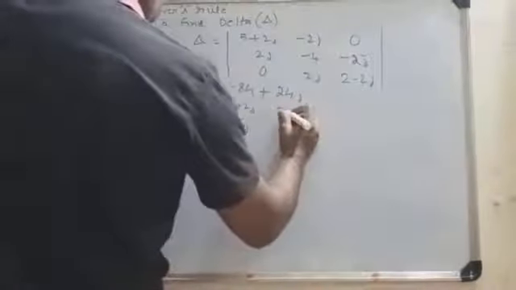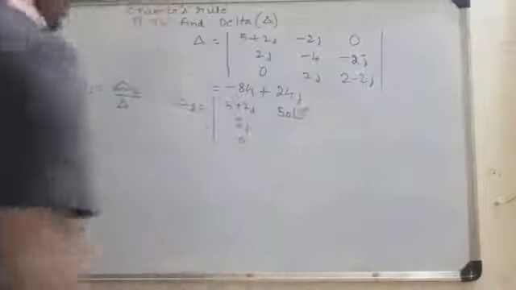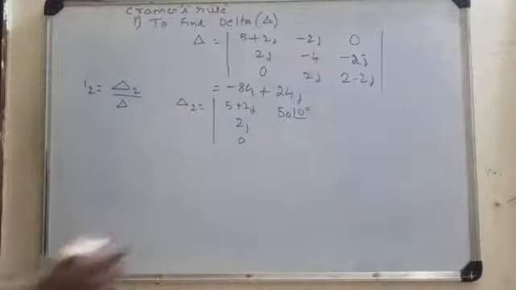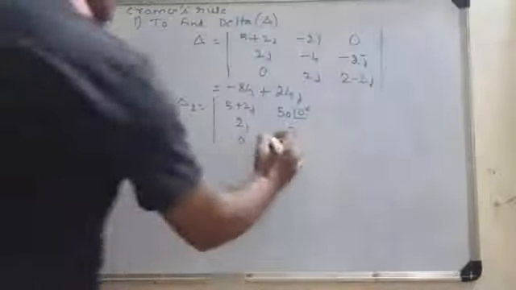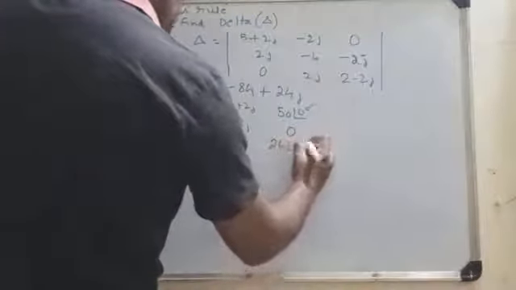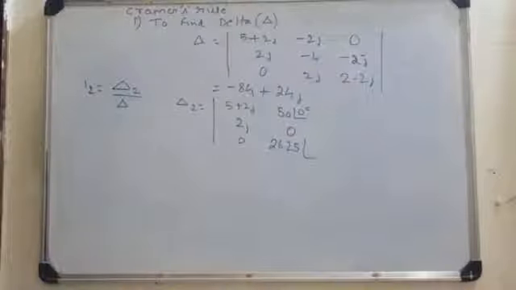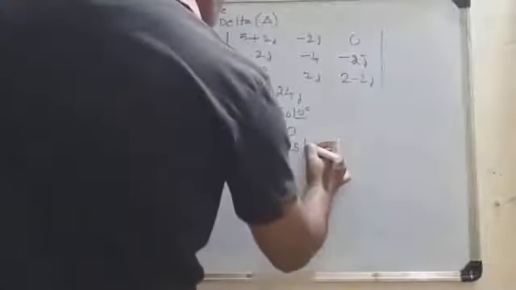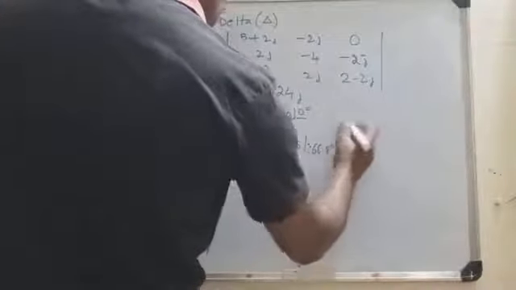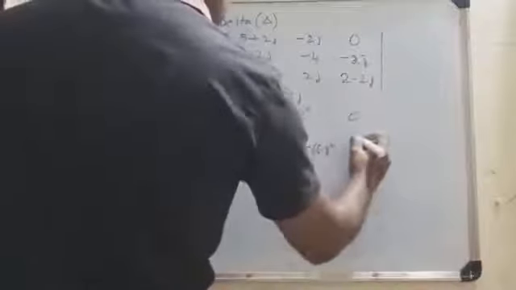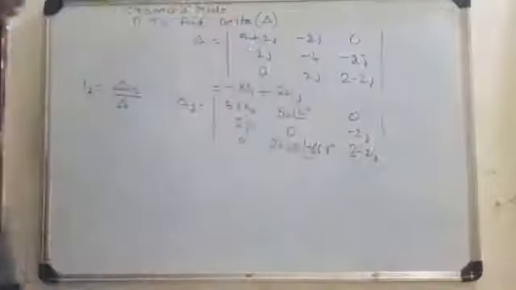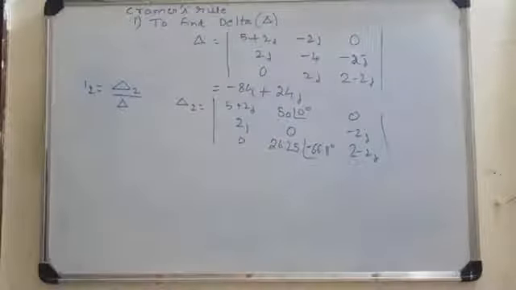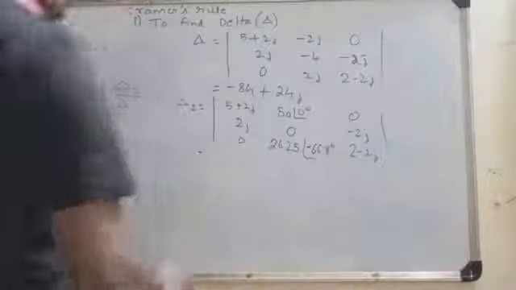So first voltage source I have is 50 at an angle 0 degree. Second, there is no voltage source. Third, I have 26.25 at an angle minus 66.8 degree. The third column I should retain as it is.